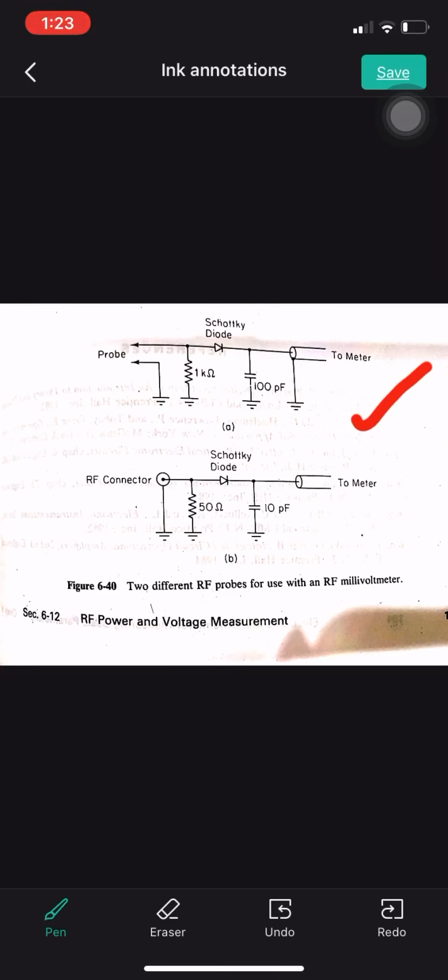Therefore, this type of probe would be used in circuits where the impedances are varying in nature and the circuit cannot be terminated, because it is possible to connect the probe to the point where the impedance cannot be terminated. Therefore, this is used for the voltage measurement.